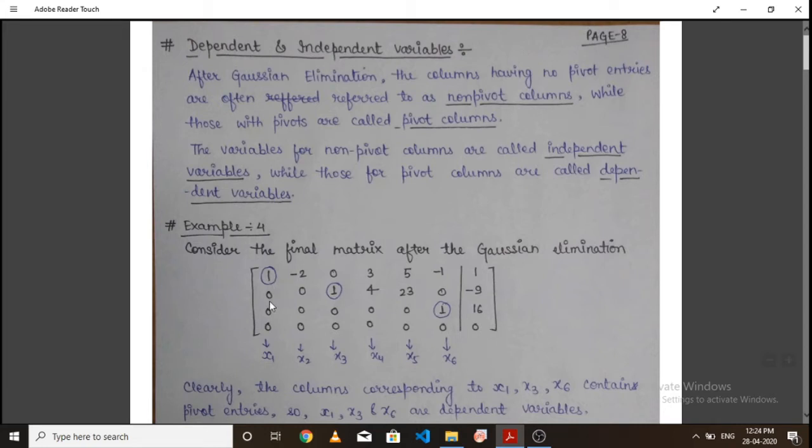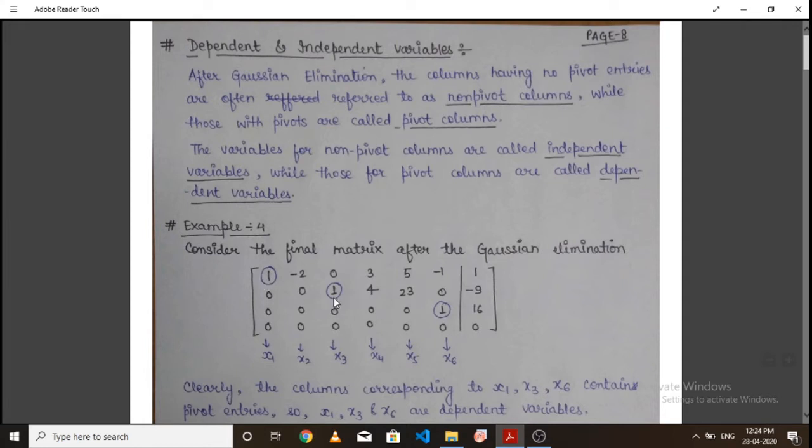The first column is corresponding to variable x1, second is corresponding to variable x2, third is corresponding to x3, fourth is corresponding to x4, fifth is corresponding to x5, sixth is corresponding to x6, and this is the right hand side scalars. Now clearly in column number 1, the encircled entry is the pivot entry.